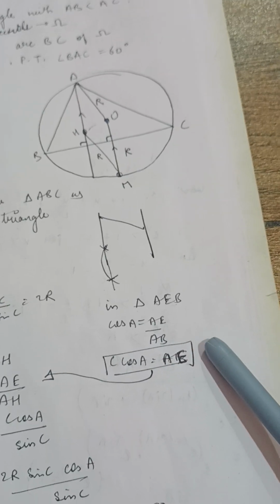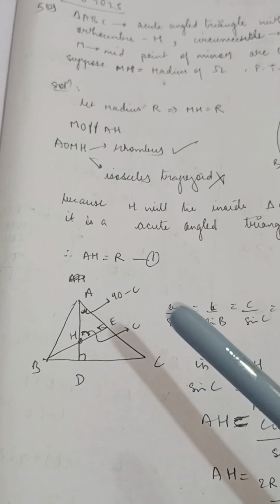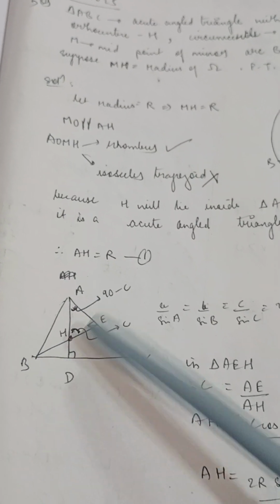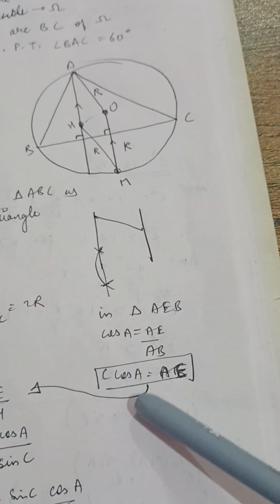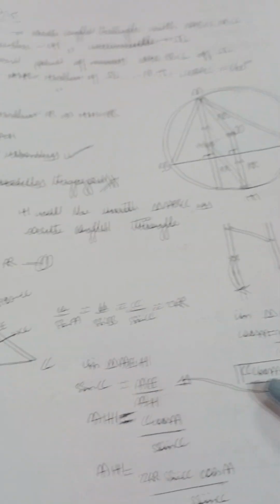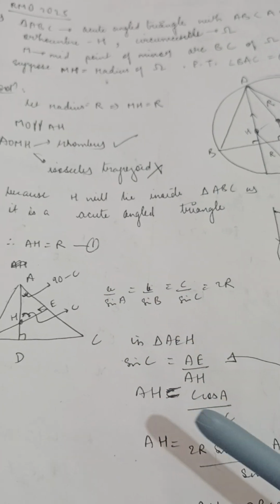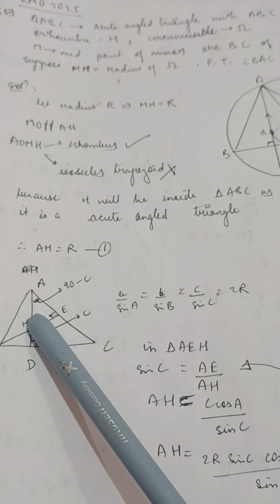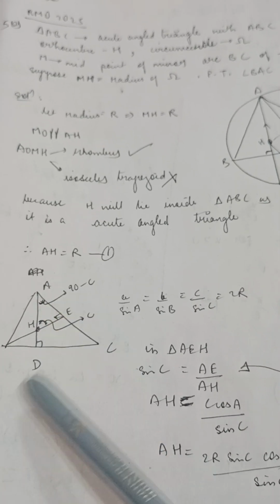So from there we have AB as c. It's the normal nomenclature that we write AB as c, BC as a small a and AC as a small b. So using that I am writing AE as c cos A. From there in triangle AHE, sin C will be AE upon AH.